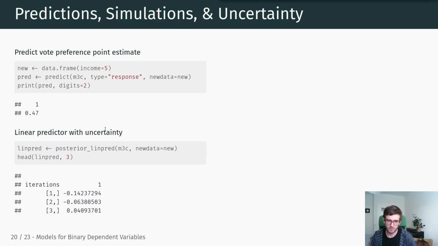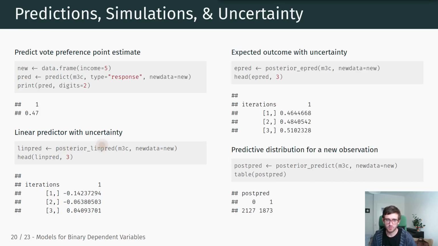We can of course also do this based on our standard GLM model output, but of course we want to quantify the uncertainty around our predictions. Okay, and we mentioned a couple of weeks ago when we introduced these ideas in the linear regression framework that we can use the command posterior_linpred to compute the linear predictor with uncertainty.